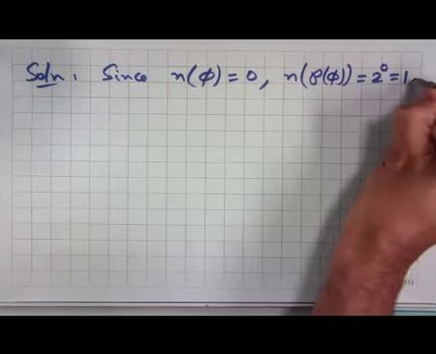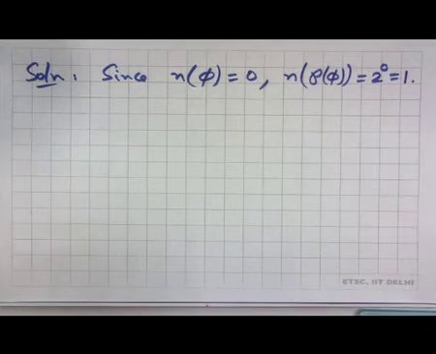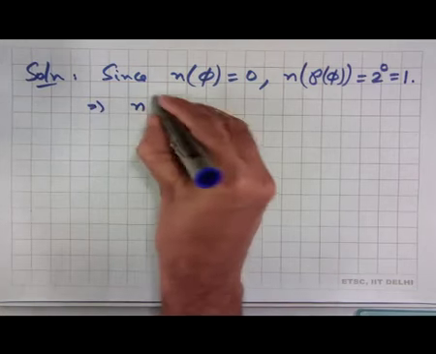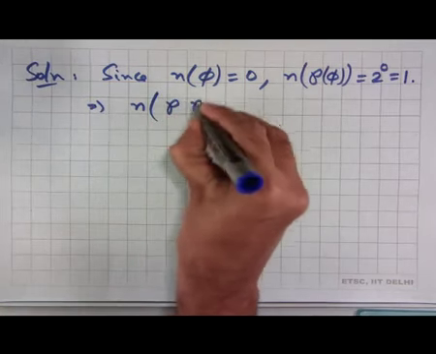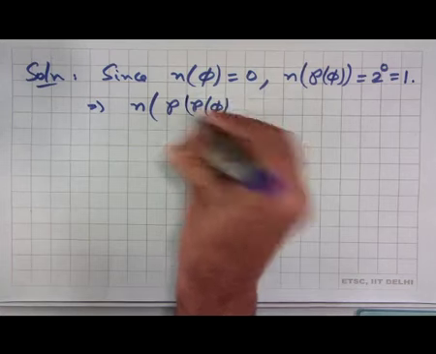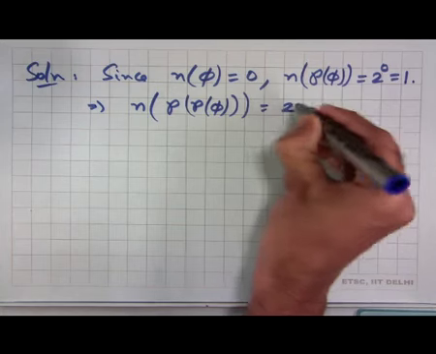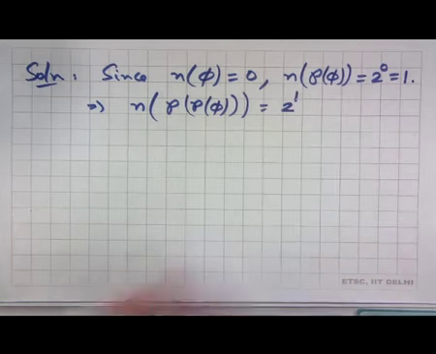So, number of elements in the power set of empty set is 1, and then this will imply that the number of elements in power set of power set of phi is equal to 2 to the power the number of elements in power set of phi, which is 1.